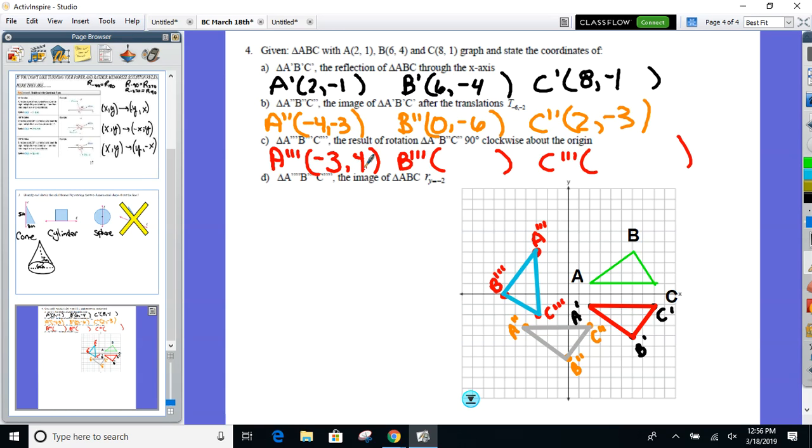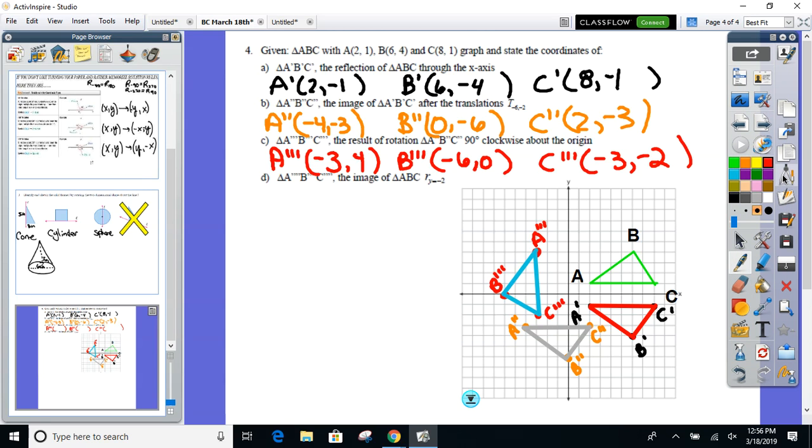I actually did a little conversion right. Oh, okay, that's fine too. All right, B triple prime is -6, 0. Yep, and C triple prime is -3, -2. Got it. All right, and there's the triangle right here. Any issues?